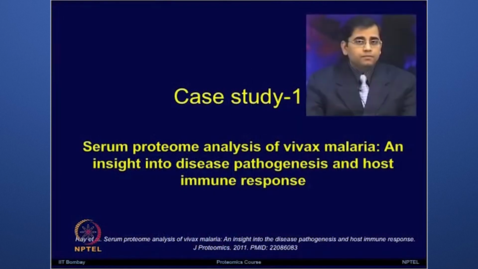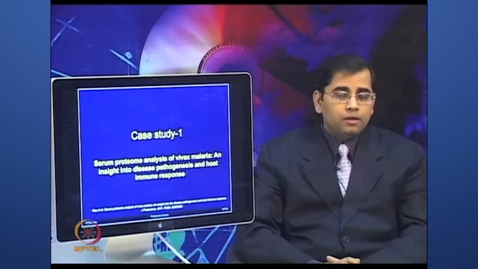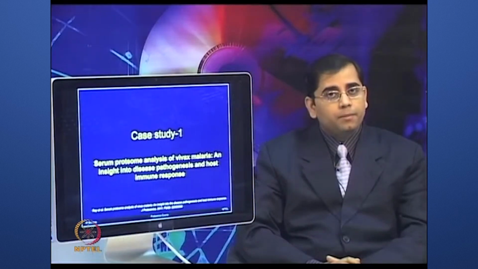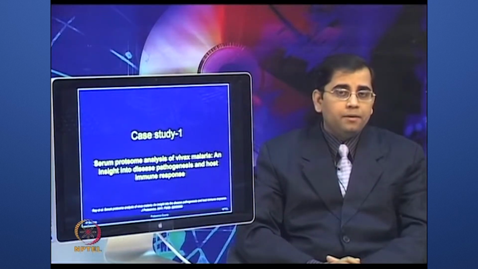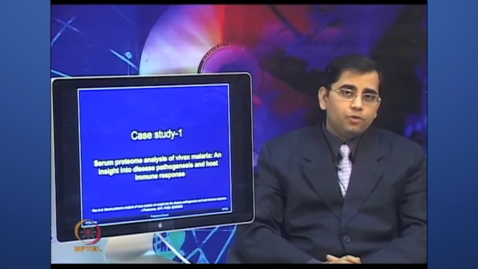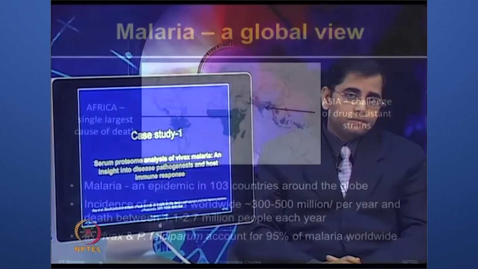In the first study, we will talk about serum proteome analysis of vivax malaria and insight into disease pathogenesis and host response, a study by Ray et al. This study was performed by my group, and we tried to investigate the host response against the malarial pathogen vivax.